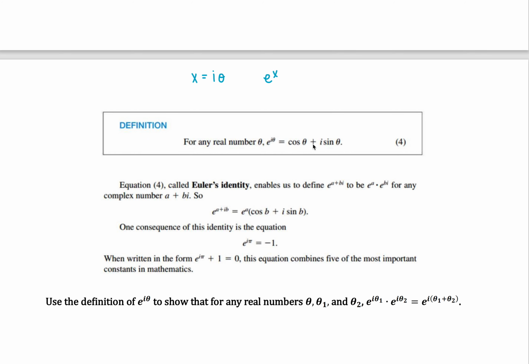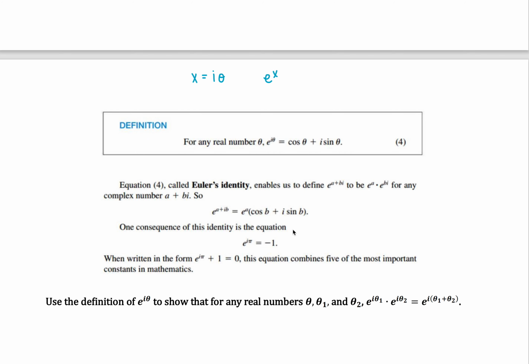And this is called Euler's identity, and it lets us define e to the a plus bi to be e to the a times e to the bi power for any complex number. And so it says e to the a plus ib is equal to e to the a times cosine b plus I sine b.